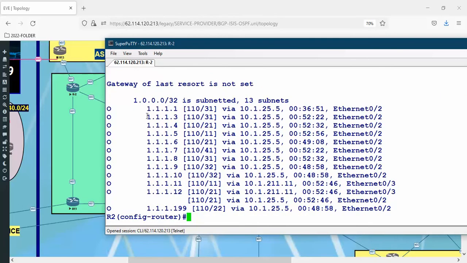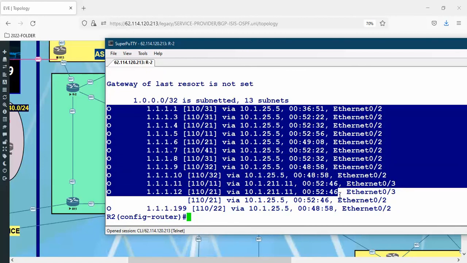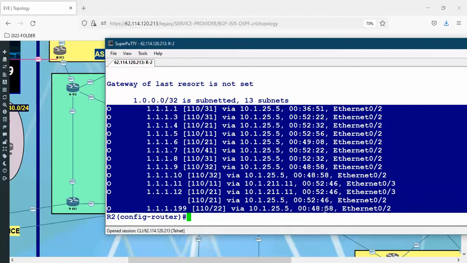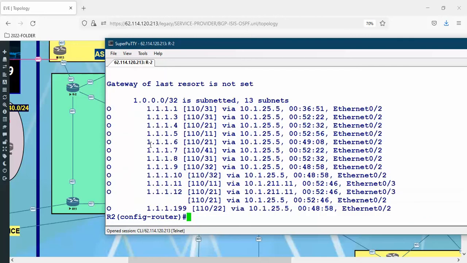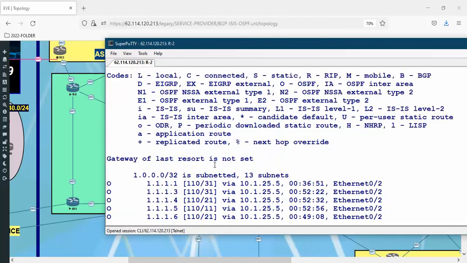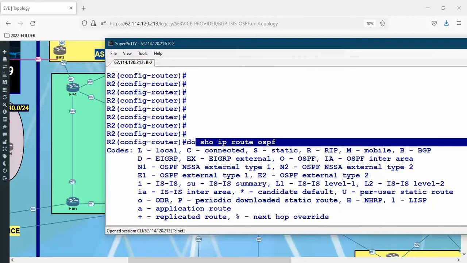Wow, look at that, how nice. Can you see the difference, guys? Yes. We don't have any private links on the routing table regarding the OSPF routing protocol.